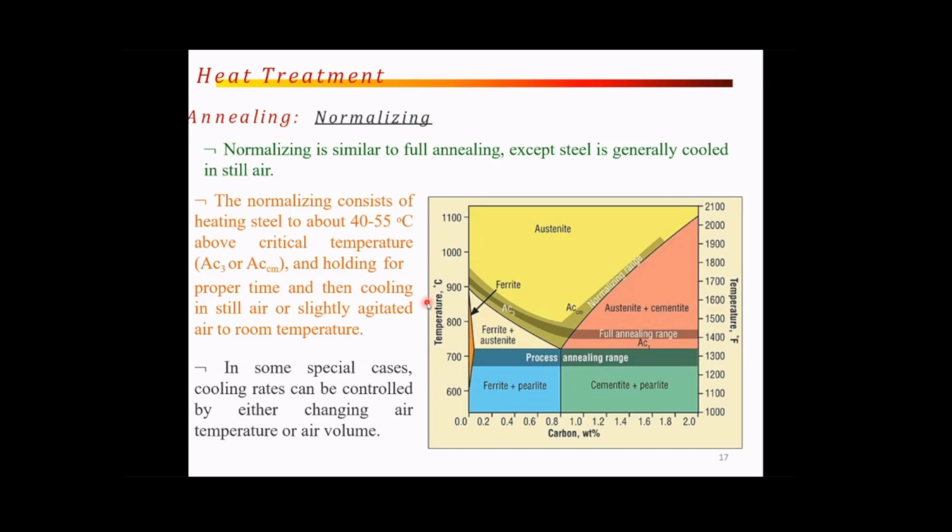Then it will be held for the proper time inside the furnace and then cooled in still or slightly agitated air to room temperature. So this is the normalizing process.